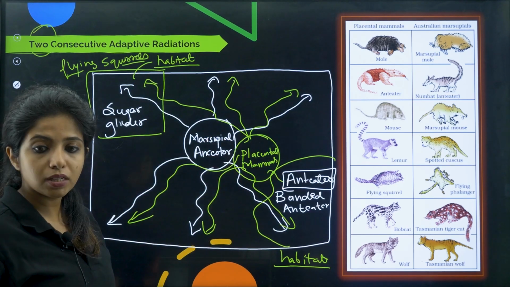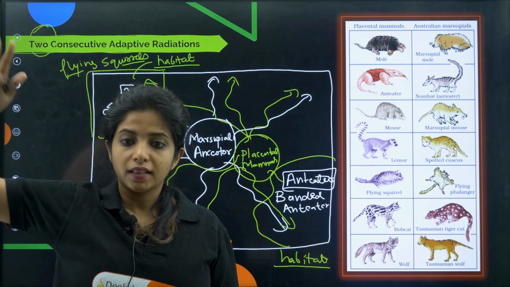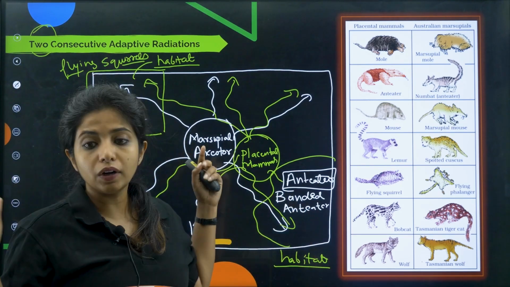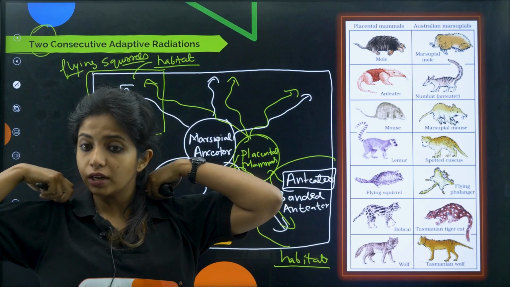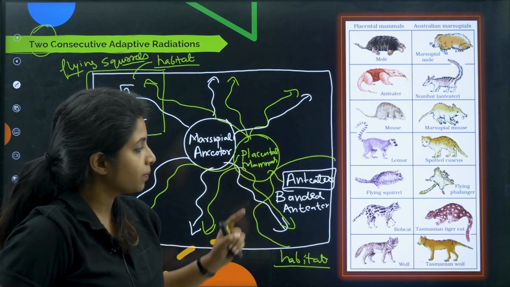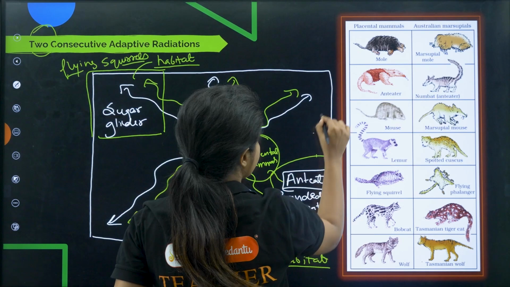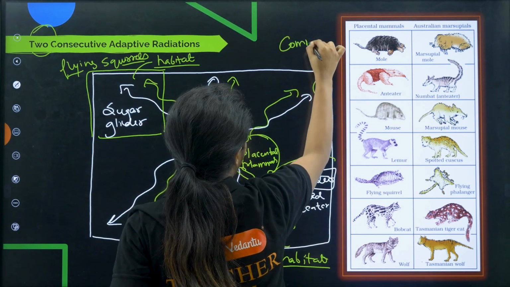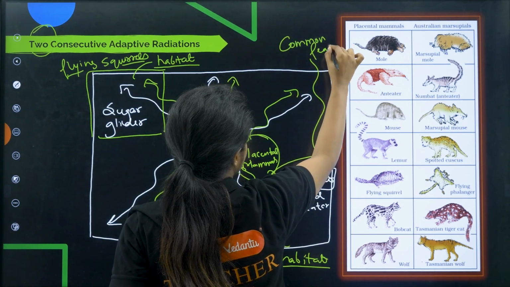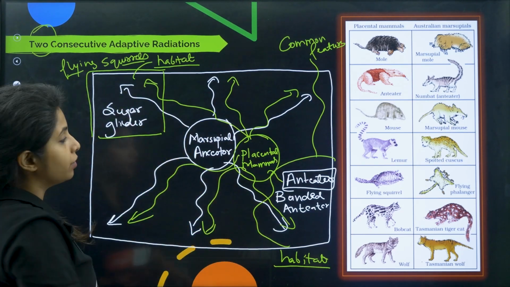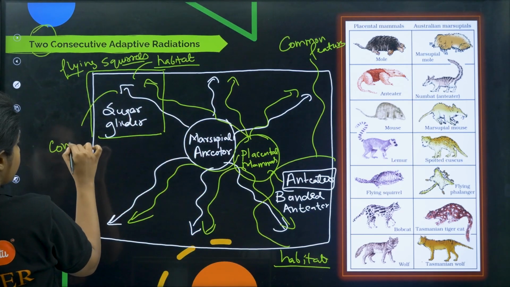So do they have a common ancestor, children? Yes, very far back. They do not have the same anatomy. They have different anatomies, but they have common features, my dear children. Both of them are anteaters over here. Both of them are able to fly over here. So don't you think that they are common features?